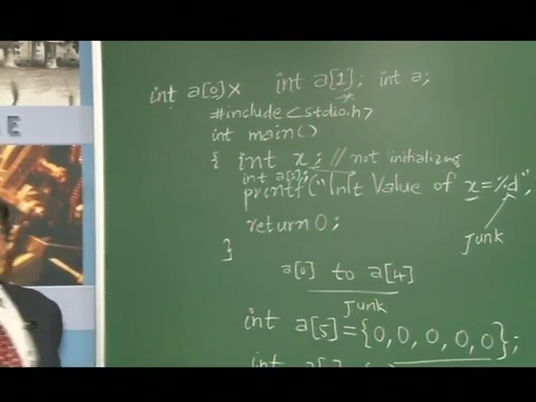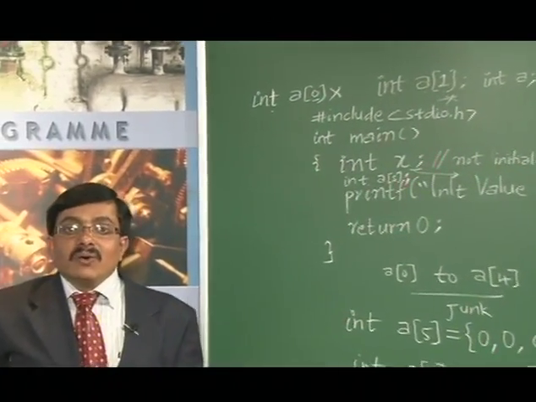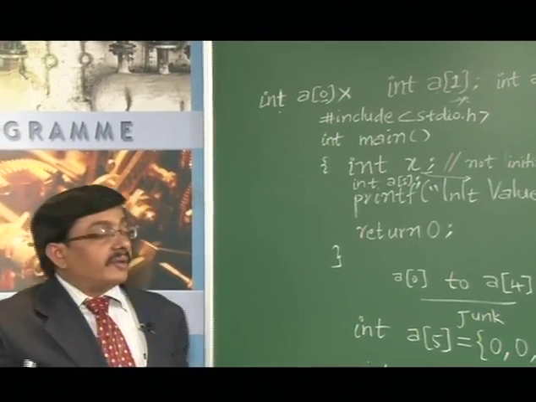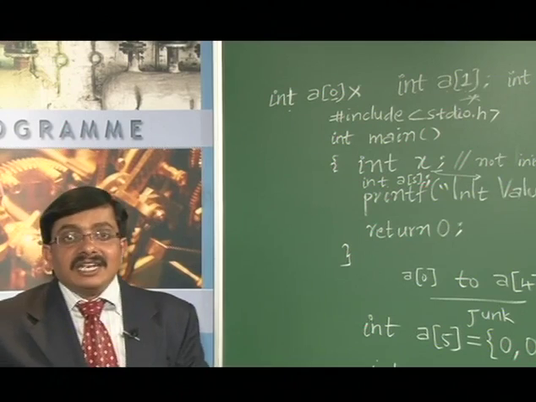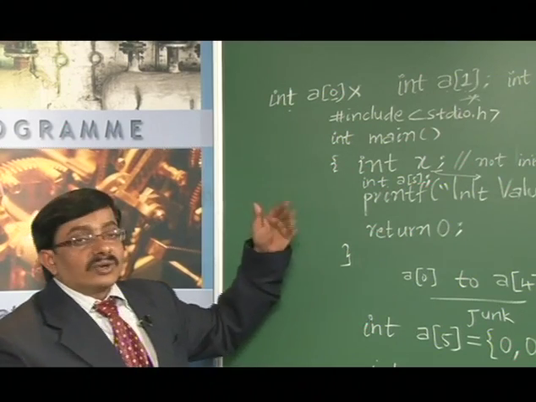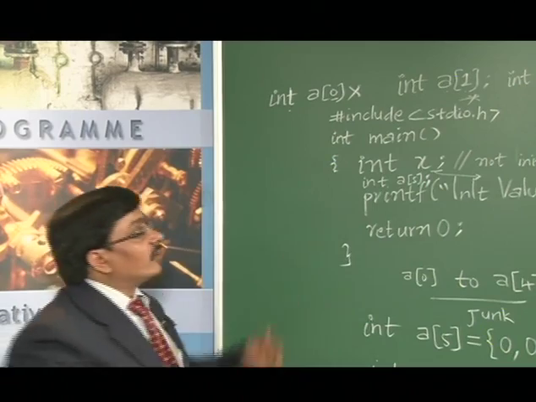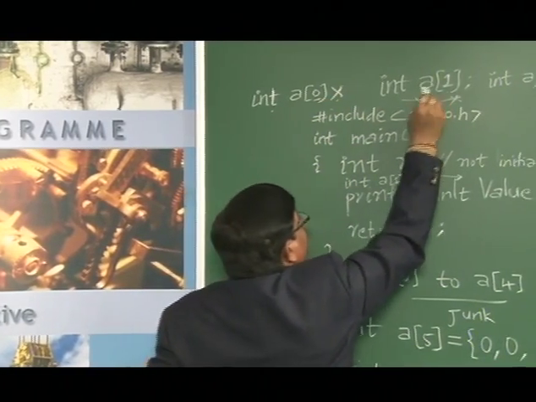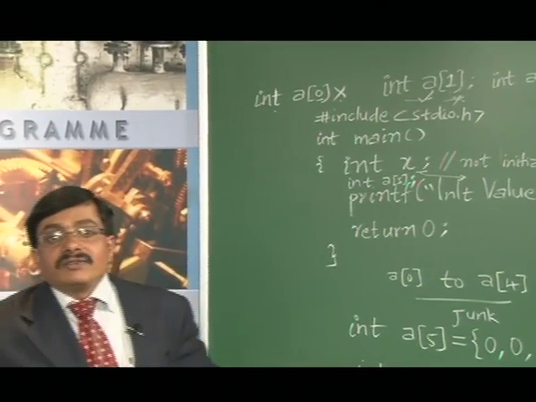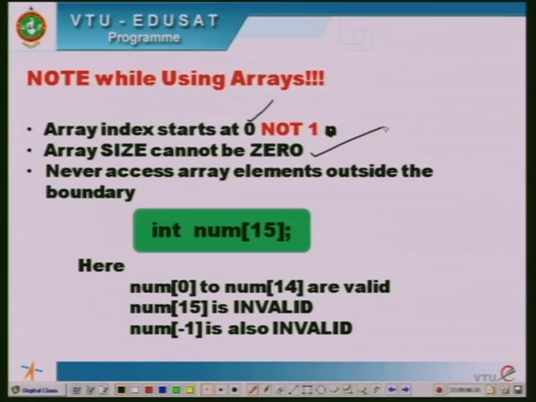Only when you have multiple similar data type elements should we go for arrays. If I want only a single element, there is no meaning in going for arrays. Though this is valid, it is not the recommended way of using an array. When I use an array, it should have multiple similar elements.